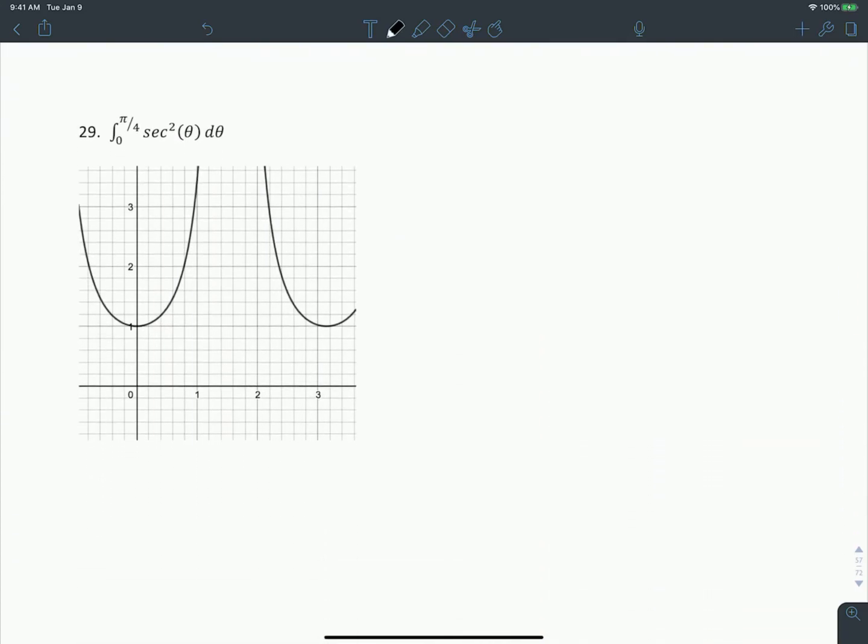29. We're going to integrate from 0 to pi over 4, 0 less than or equal to theta less than or equal to pi over 4. X is 0, and let's think about this again. Pi is approximately 3.14, but to a whole number, it's about 3.